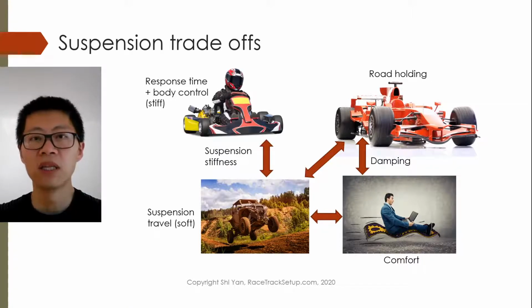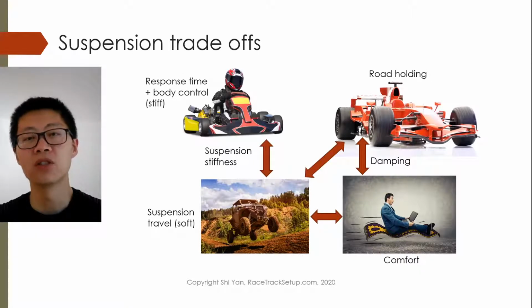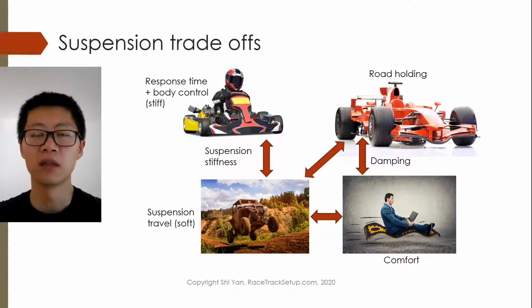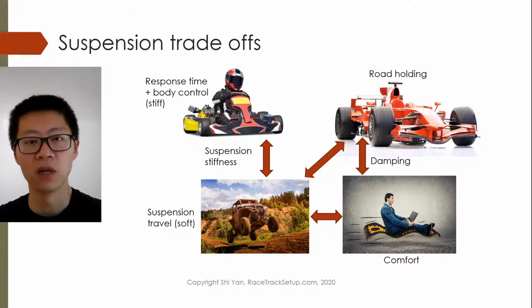However, having mentioned a go-kart, it's important to mention the other trade-off which is dominated by the suspension stiffness. If you think about a go-kart, there's basically no suspension, and the only elasticity in the whole suspension is basically the frame stiffness, because all the rest is just in the tires.